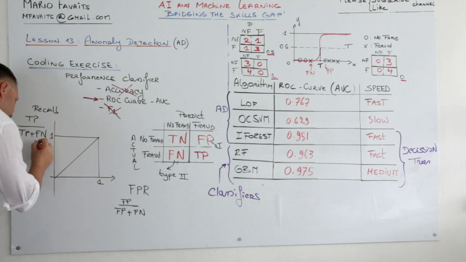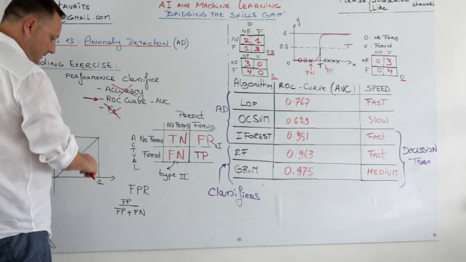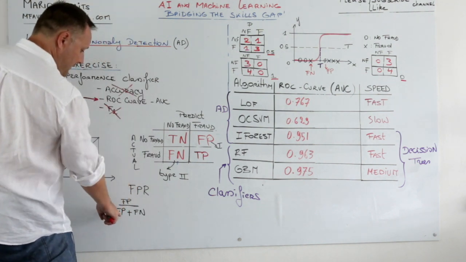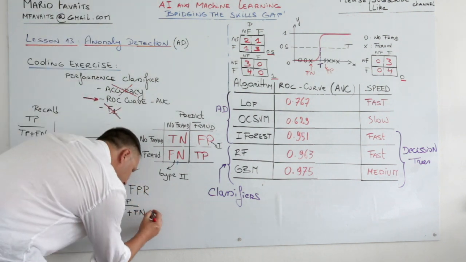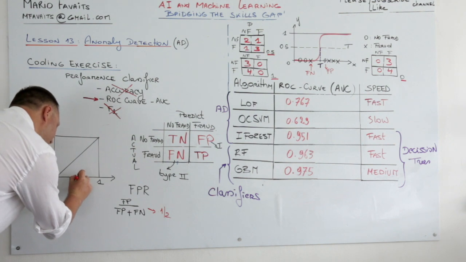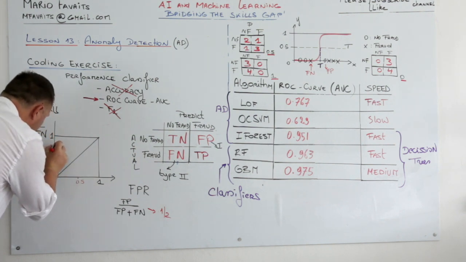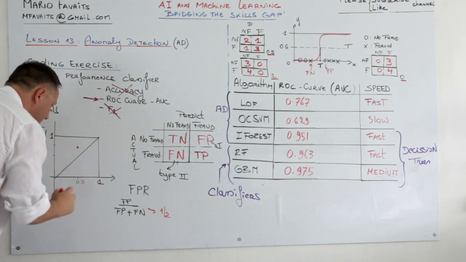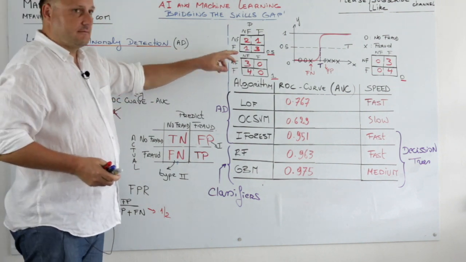So here I have 3 out of 4. For false positives here, I have 1 divided by 1 plus 1. So this is 1 out of 2, this is half. So in the middle here, we're basically at this point. This is for t equals 0.5.